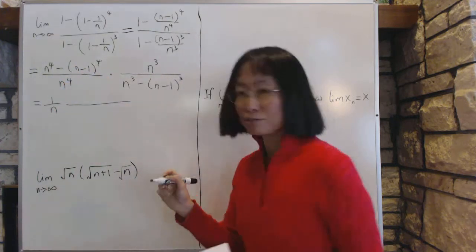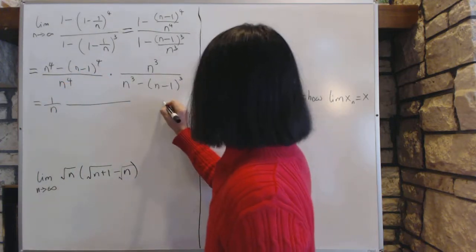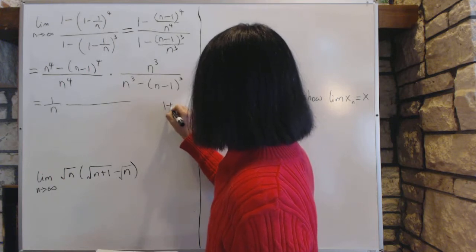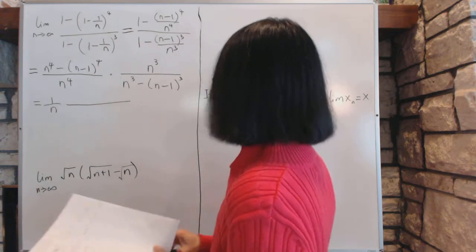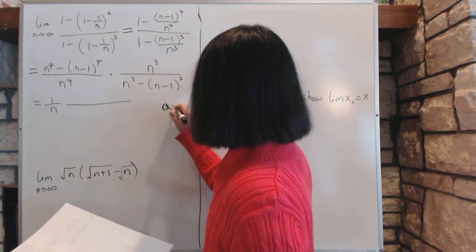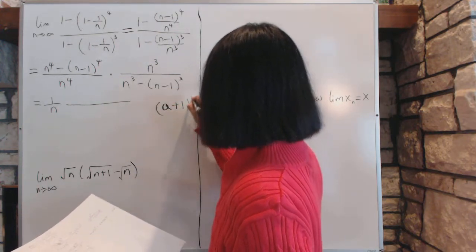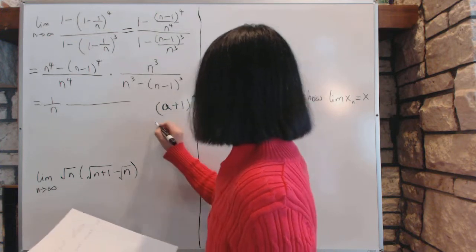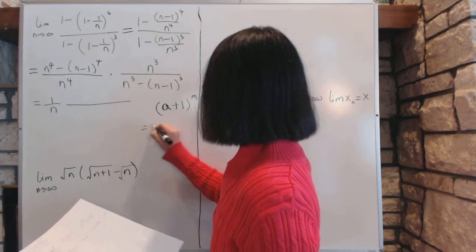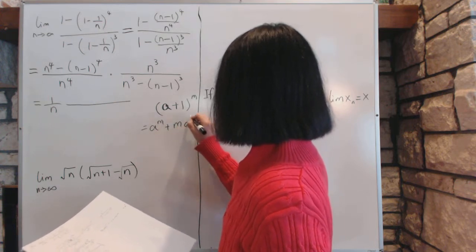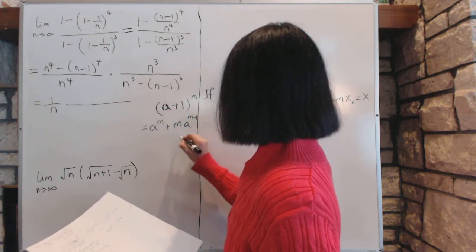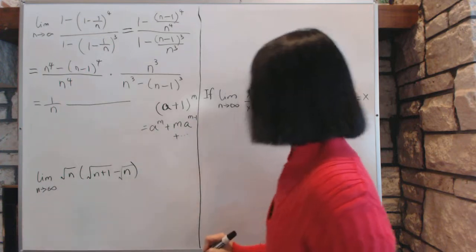Now remember the binomial expansion. Actually, let's put it another way, since ours look different. If you have (a plus 1) to the power m, then the answer is equal to a to the m plus m times a to the power m minus 1 plus other stuff that we don't care about right now.